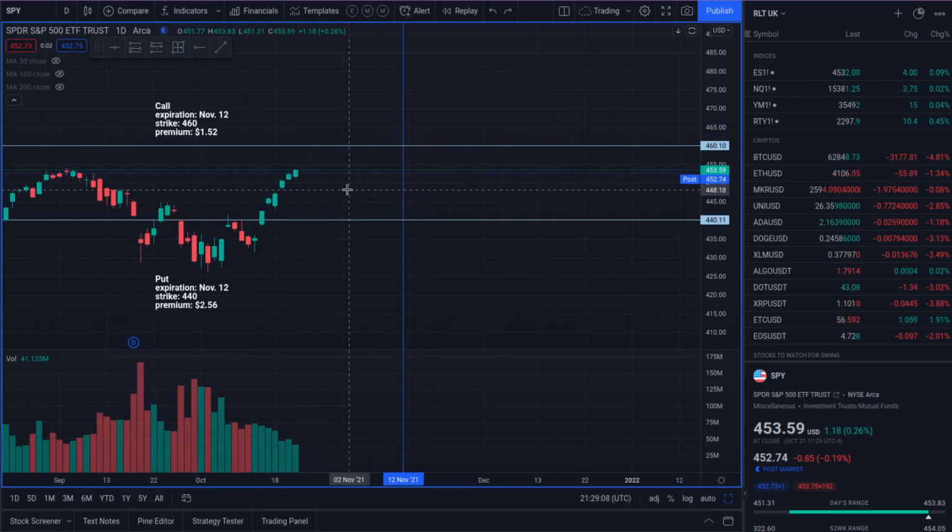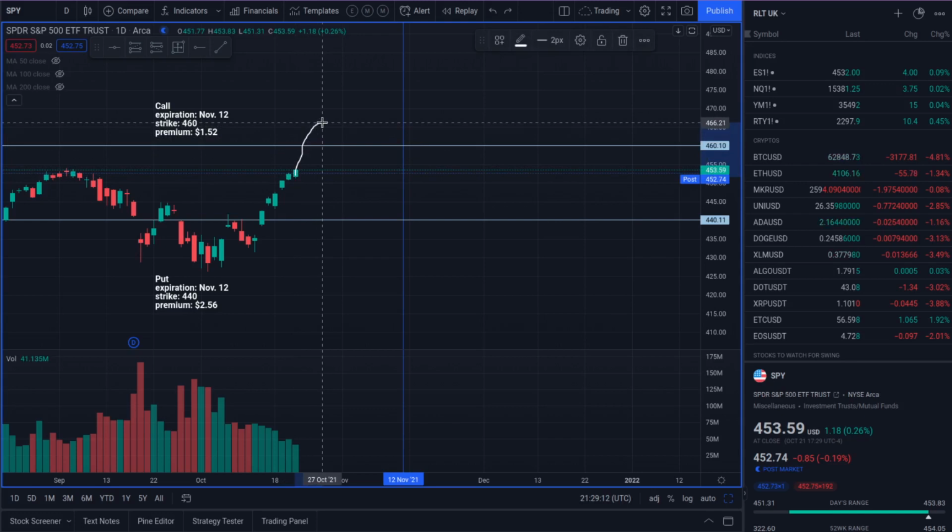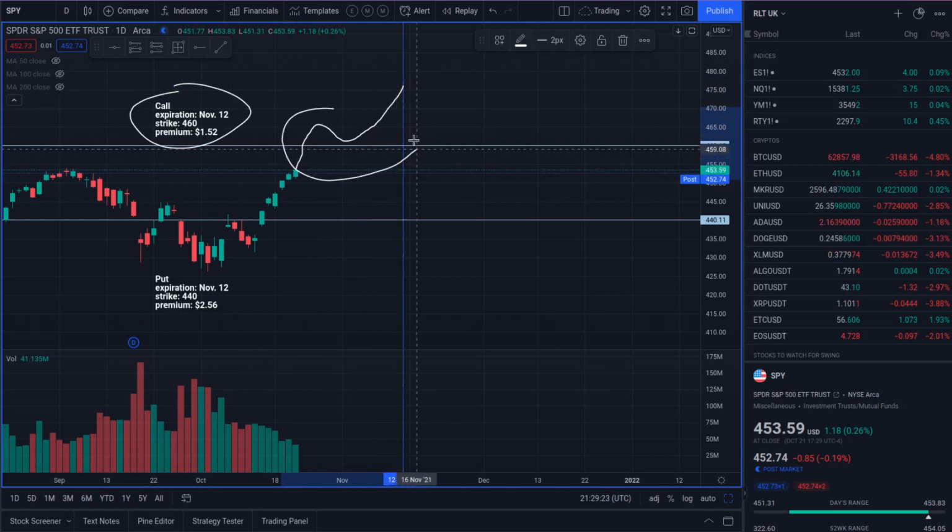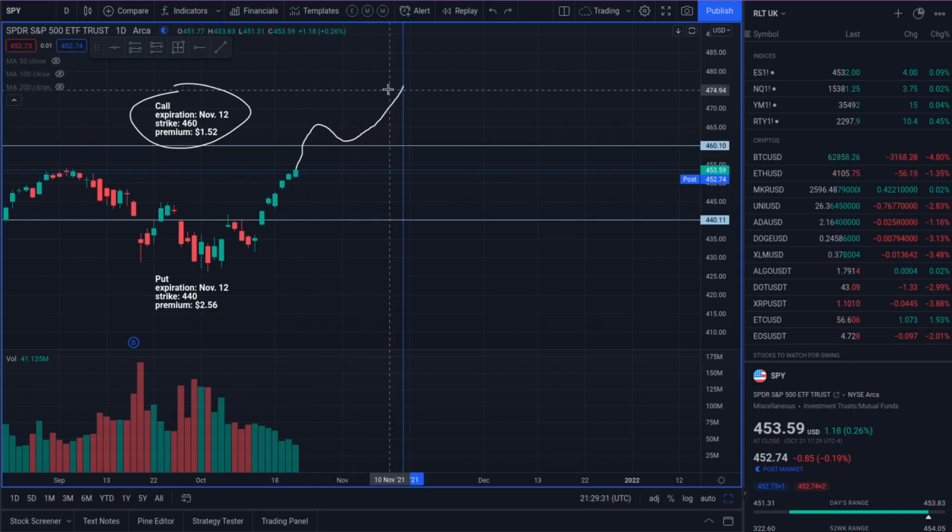Secondly, let's take a look at a few examples. A call expires on November 12th in our case, so let's look at some things that can happen between right now and the expiration. For example, if we rally like this, and we eventually close at 475, for computation's sake.